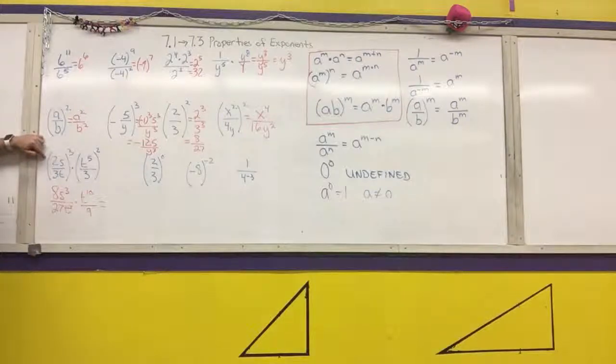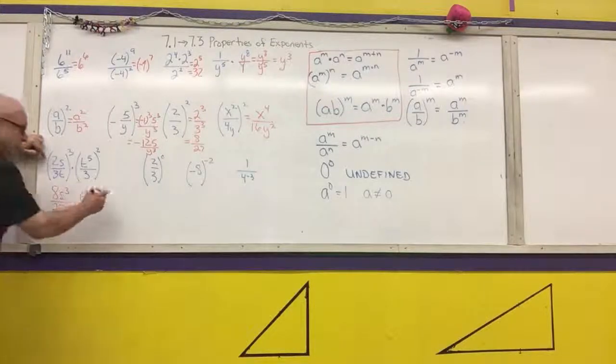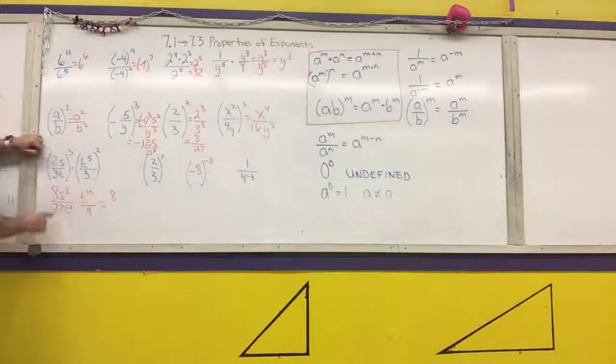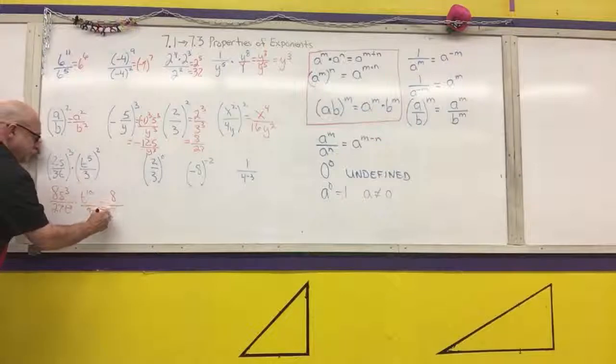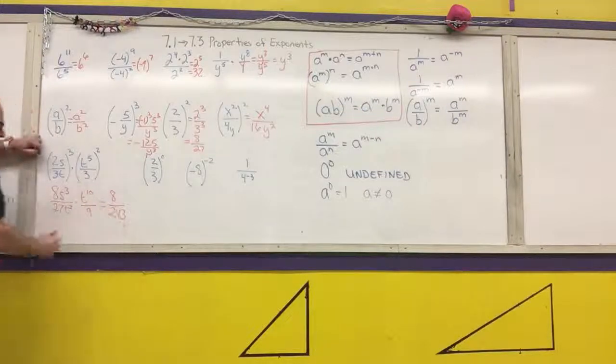So what I'm going to do now is I'm going to look at my numbers. Okay, nothing goes into 8 that goes into both 27 and 9, so I'm going to write an 8 on the top. 27 times 9 is 243. On the top, I have just the s cubed.